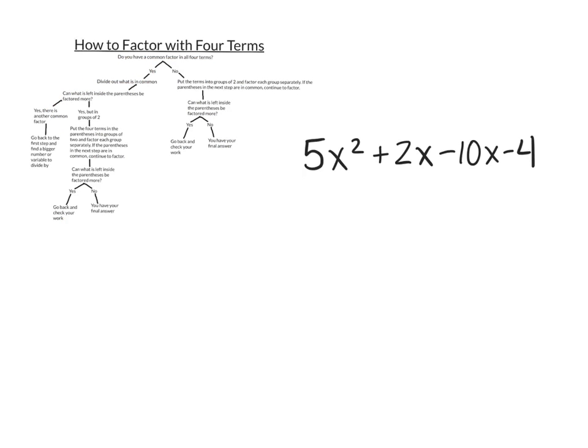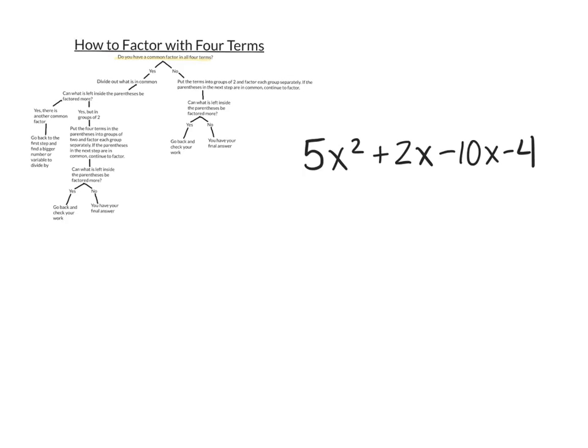Now we are going to move on to 4-term polynomials, meaning we'll need to use the chart for polynomials that have 4 terms. However, every single chart starts the same way. We check to see, do you have a common factor in all 4 terms? In these 4 terms, is there a number or a variable that is in common in every single one of these?